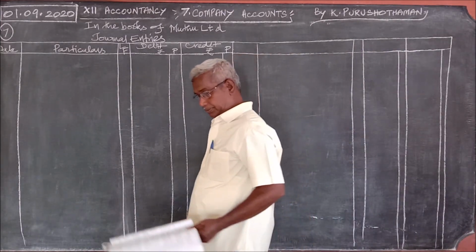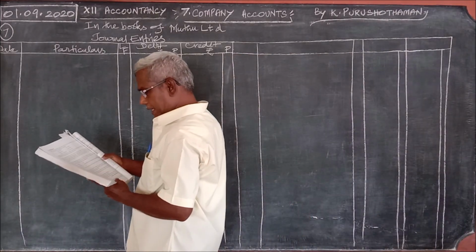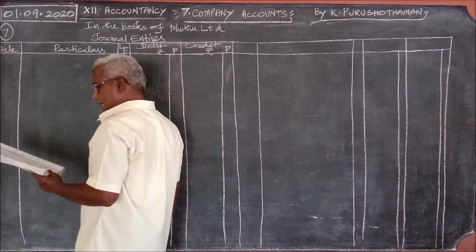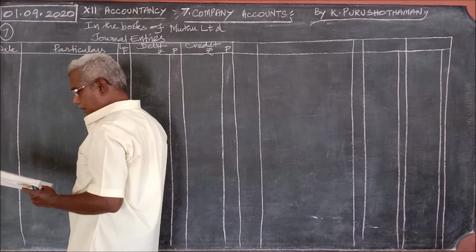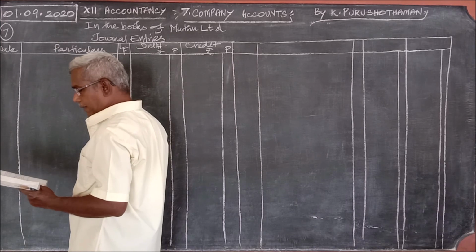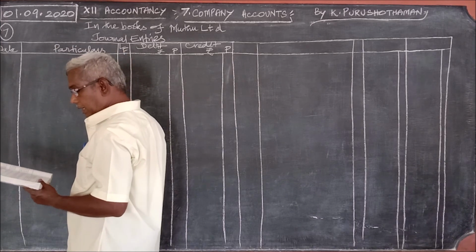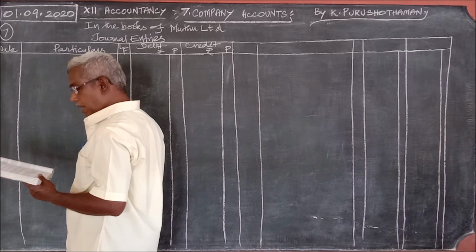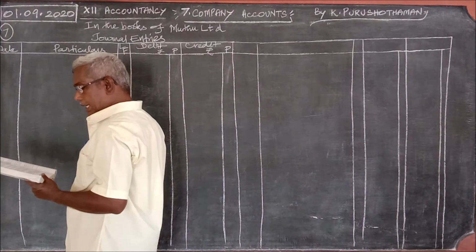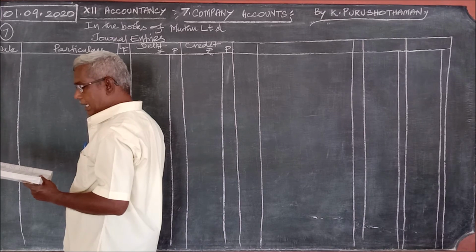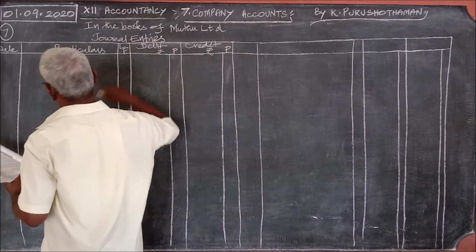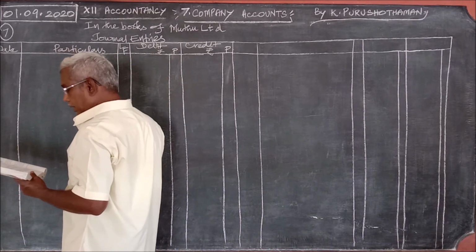Good. Now, what is given there? Rupees 2 on application, 4 on allotment, 4 on first and final call. There are 3 stages, and for all the 3 stages we should pass journal entries. Number of shares issued by Muthu Limited is 50,000 shares.